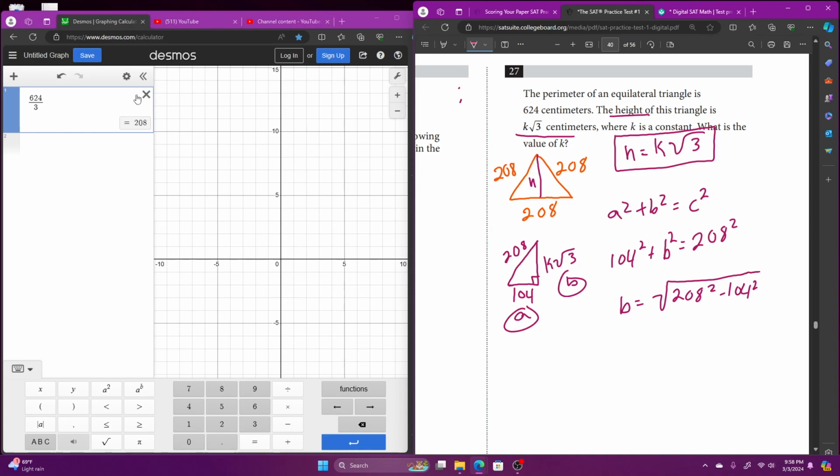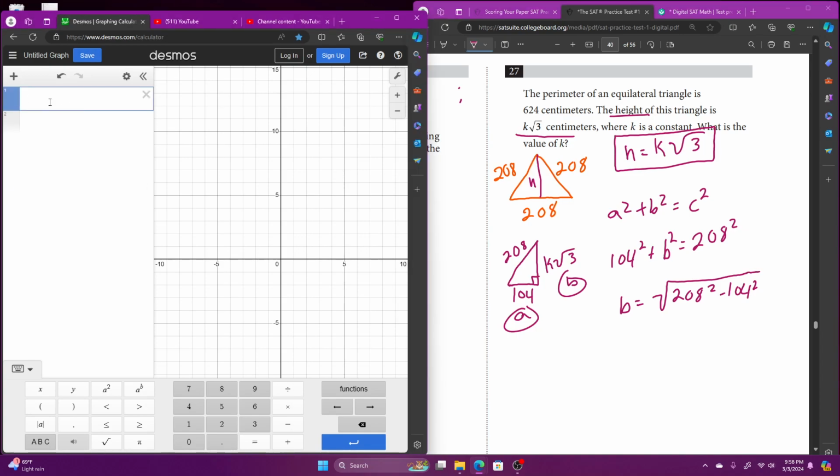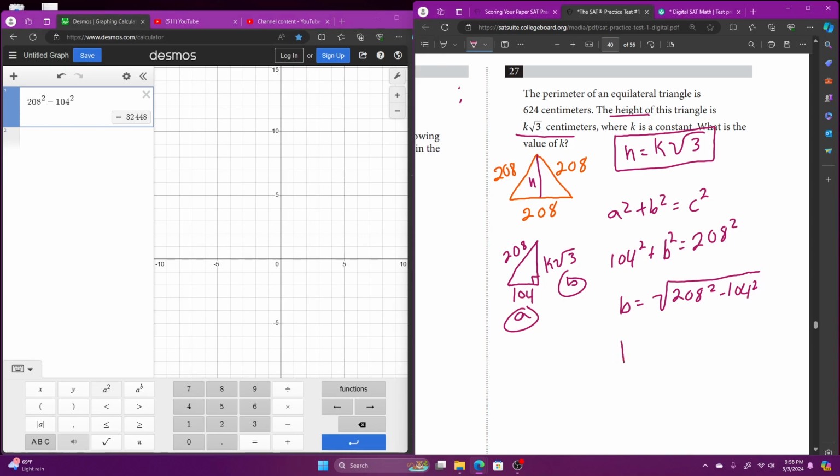And I can put that on the calculator. 208 squared minus 104 squared. b equals the square root of 3,448 equals k square root of 3.